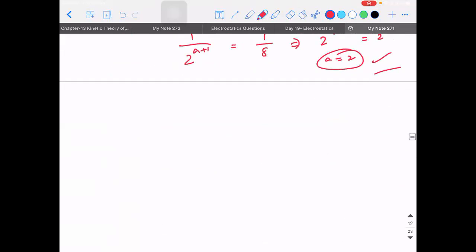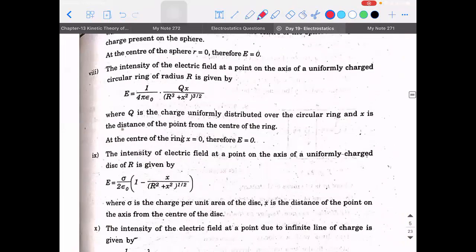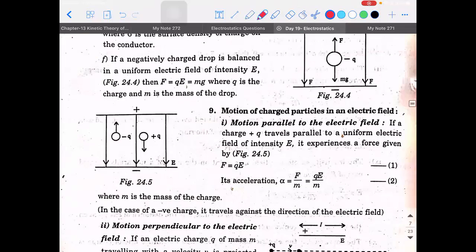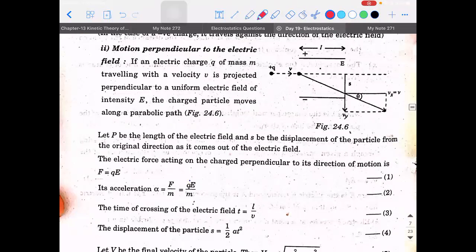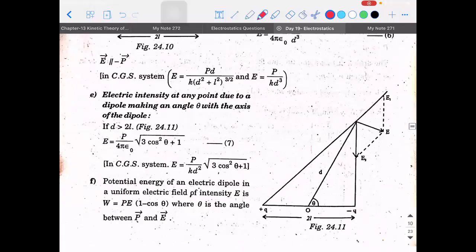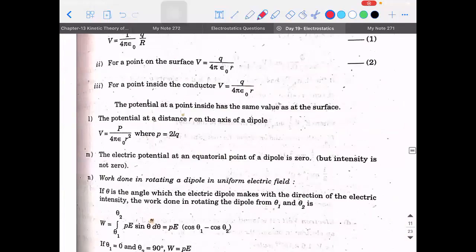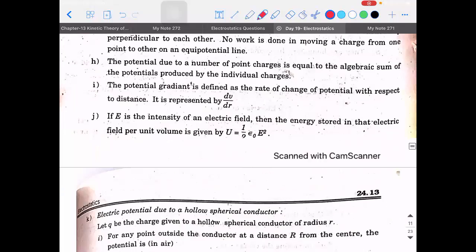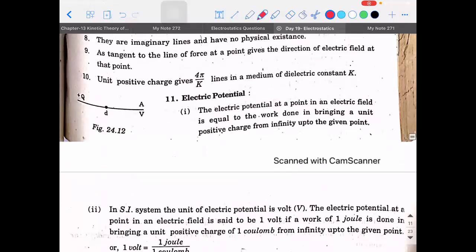So how do you define the electrostatic potential for a point charge? So you know what is electrostatic potential.